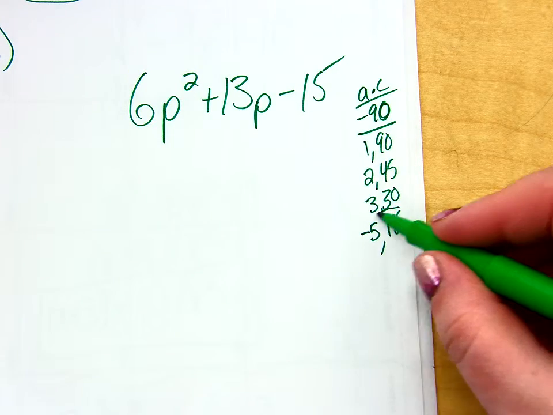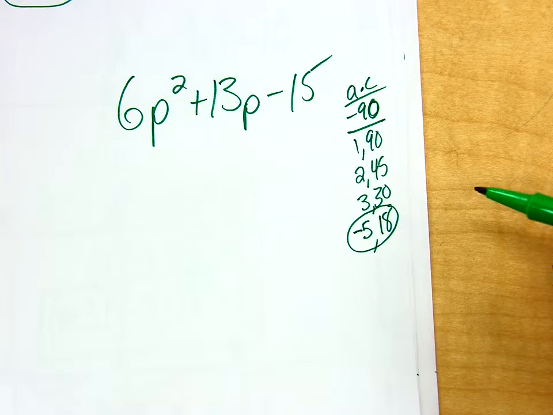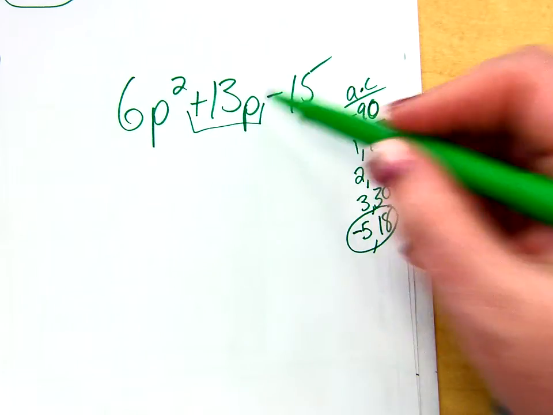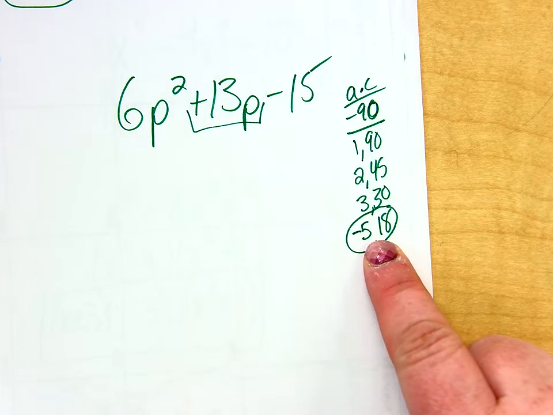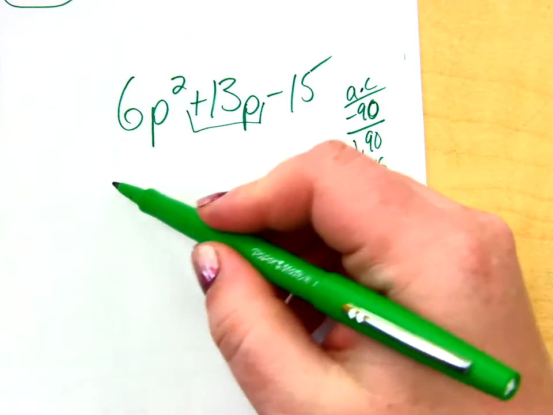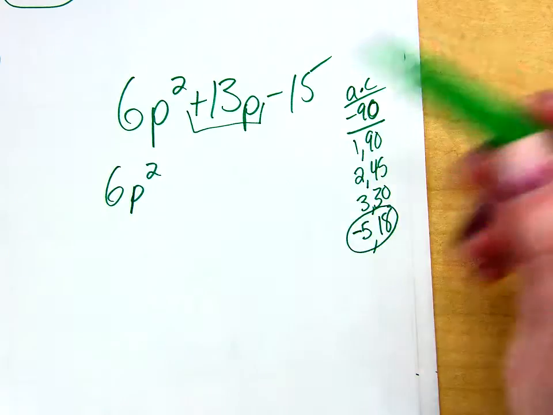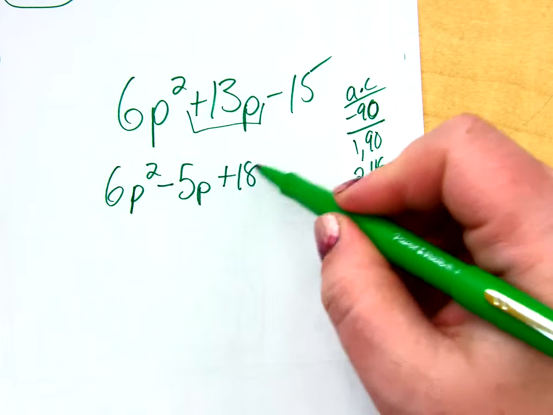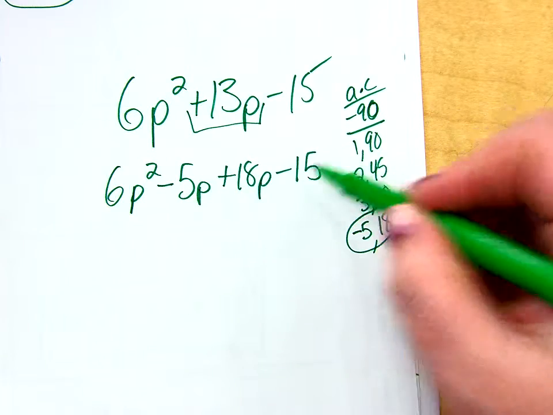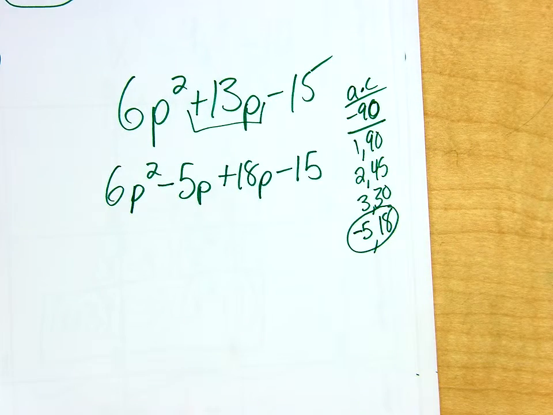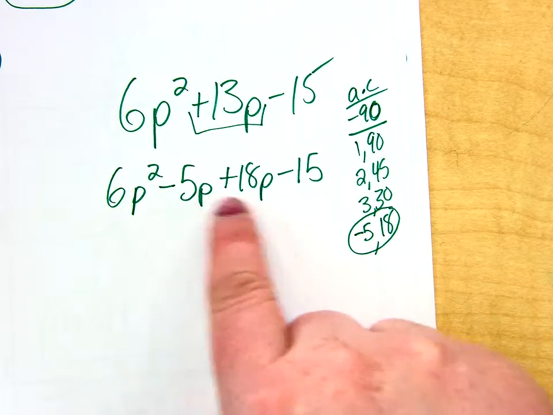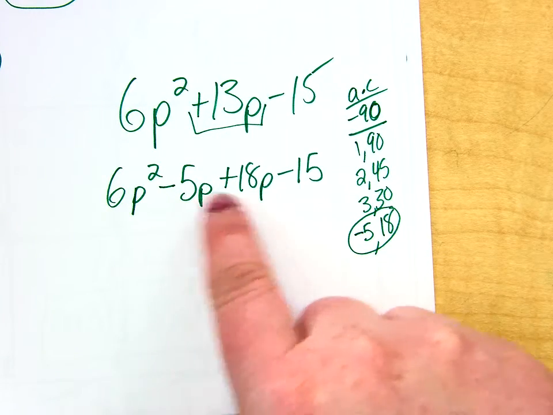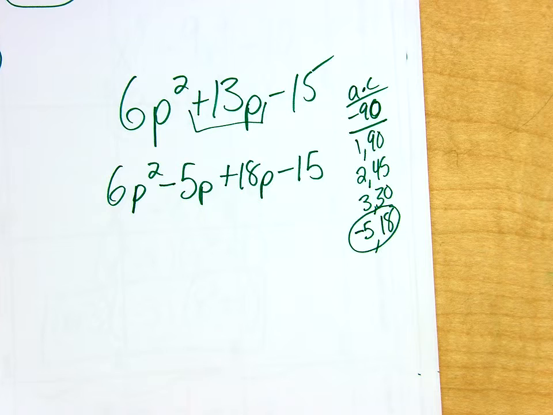Once you have that pair, all you have to do is replace that term with these two. So it's now going to read 6p squared minus 5p plus 18p minus 15. See how I just replaced 13p with those two? If I add those two back together, I really get 13p.